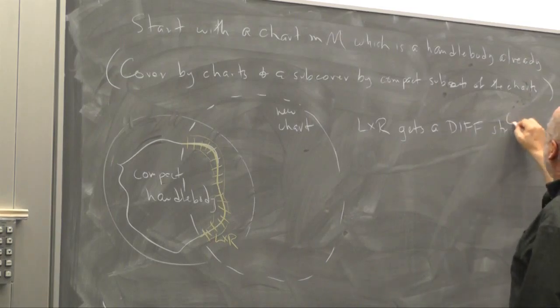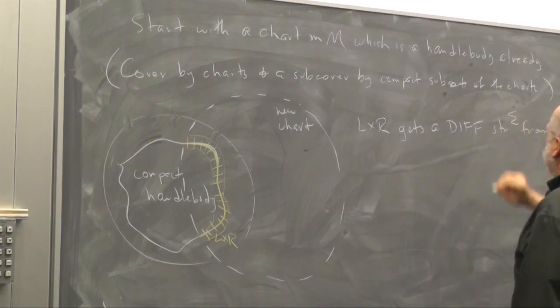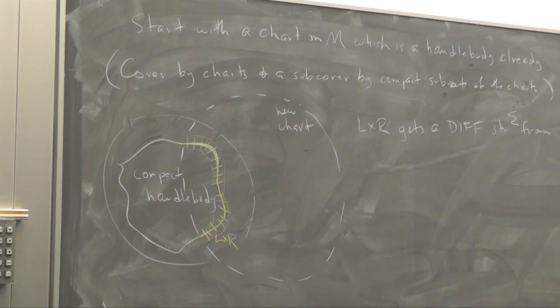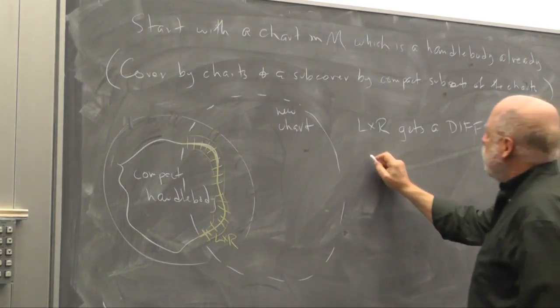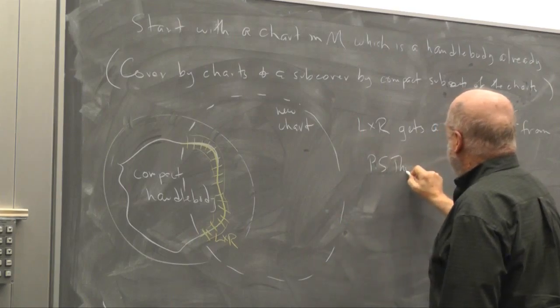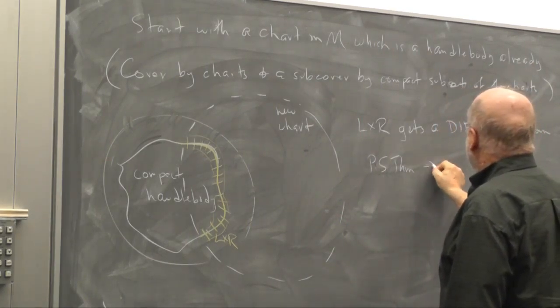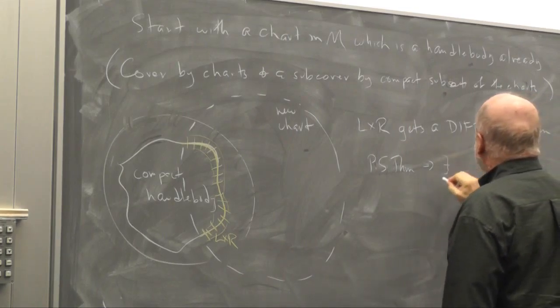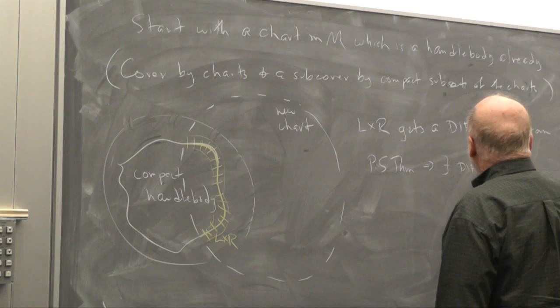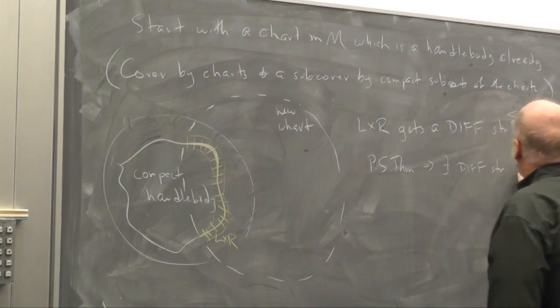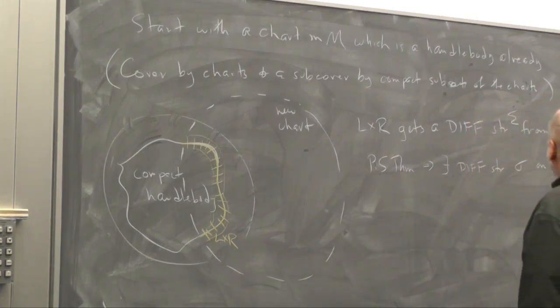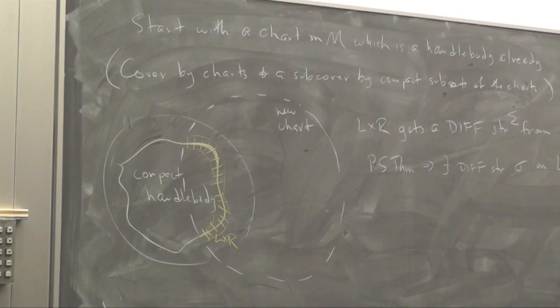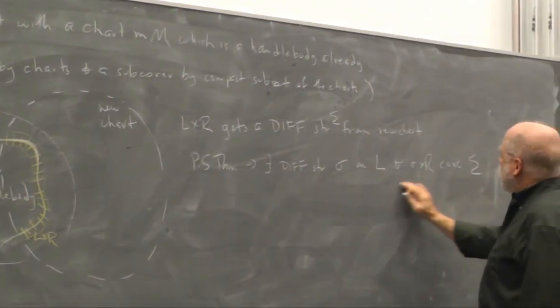So might as well call that our structure capital sigma. Well, now then, the product structure theorem implies that there exists a diff structure, a little sigma on L, and sigma cross R is concordant to capital sigma. Well, so what does this mean?